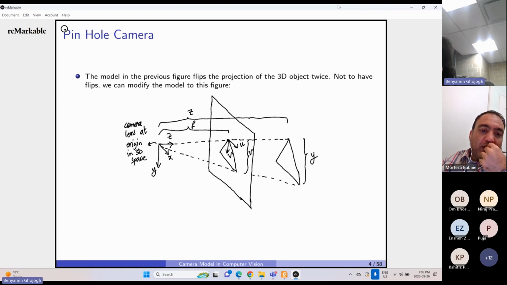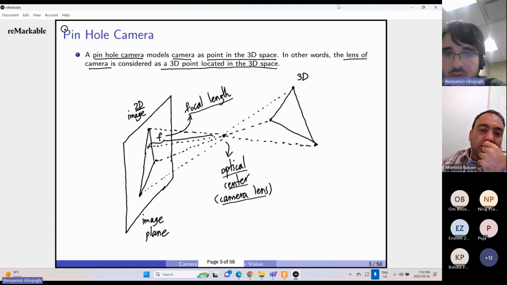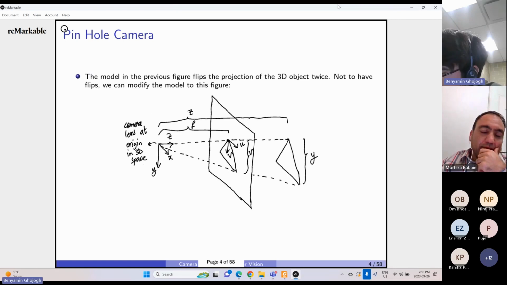As I told you in the previous figure, for this projection we need to flip the image twice. In order to make it easier, we can change the model in this way. We assume that the negative or the image plane is between the camera lens and the object.